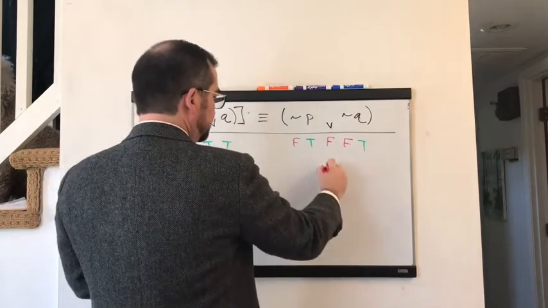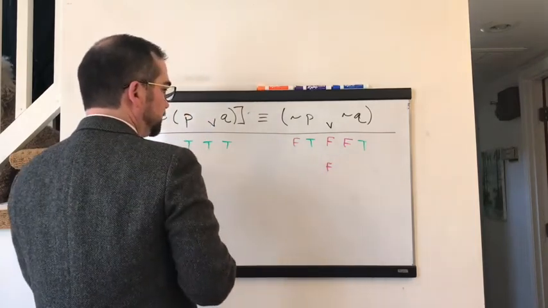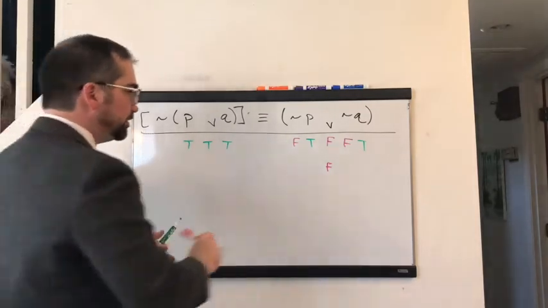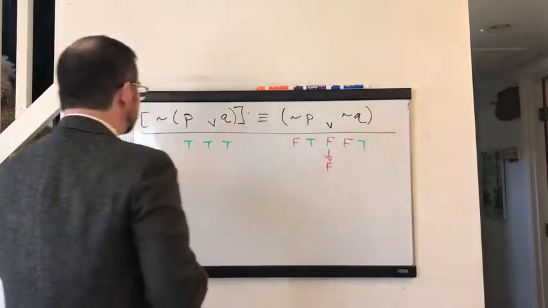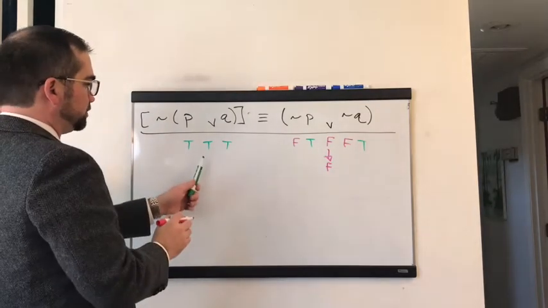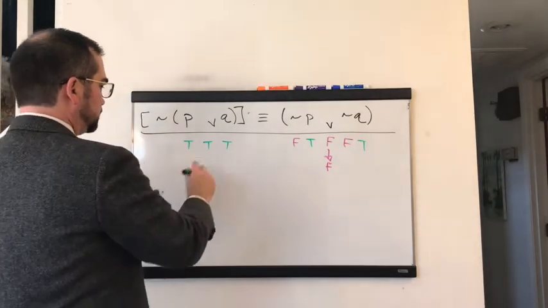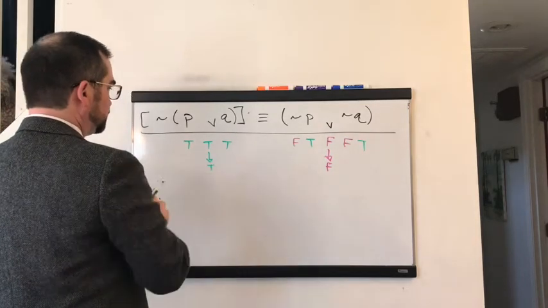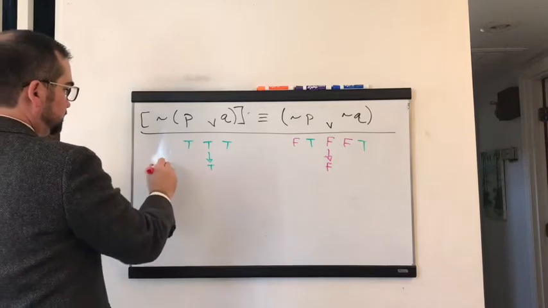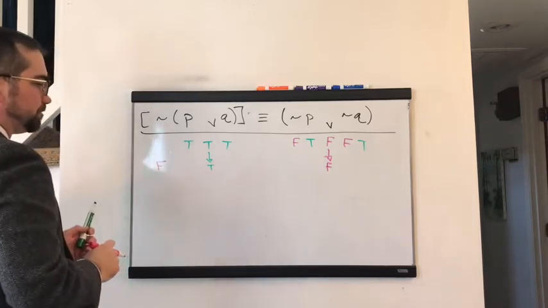You can drop this down if you want. It's false, okay? I don't know if it's easier to represent it that way or not. Maybe I'll just draw an arrow. It's false. Over here, this operator was true, but this whole thing is negated, so the whole thing is false, okay?